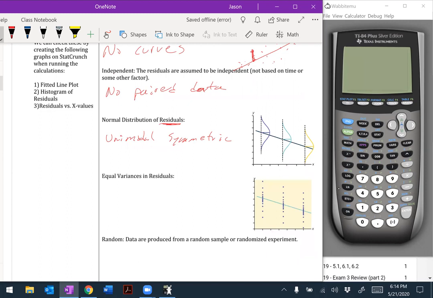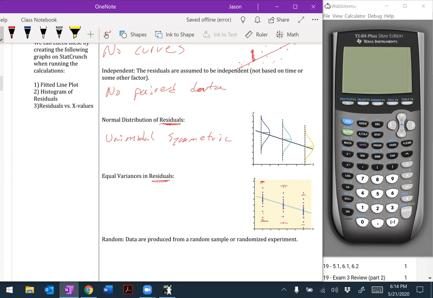So again, if I calculate out the residuals, this chart is based on 3 data sets. But if I calculate out the residual values here, I would want them to vary about the same.